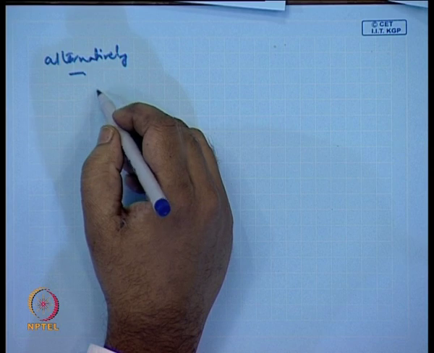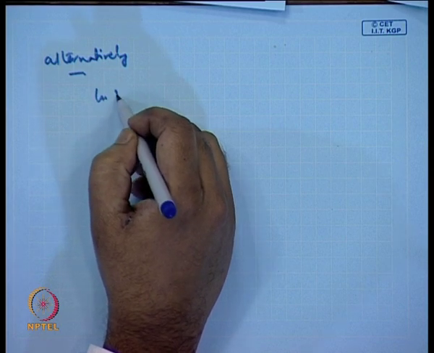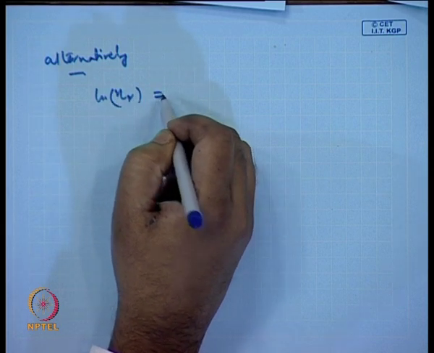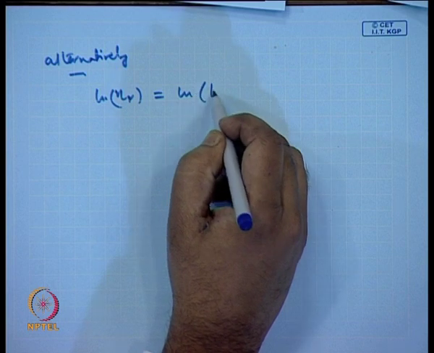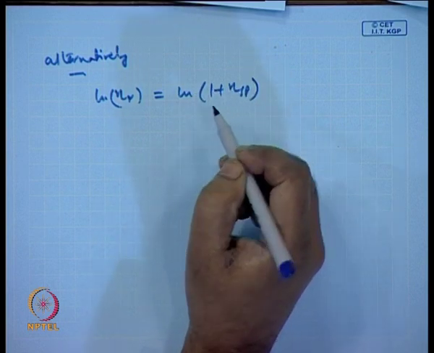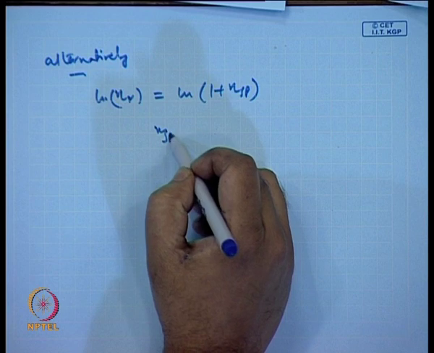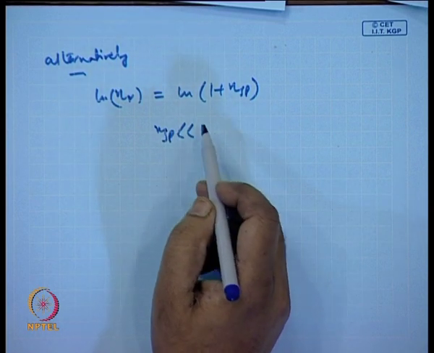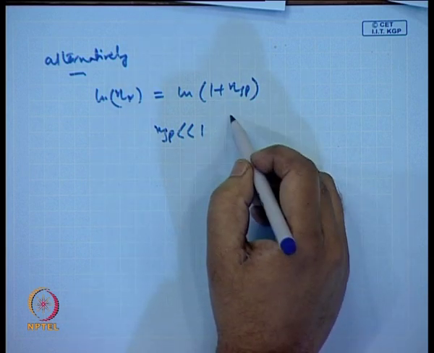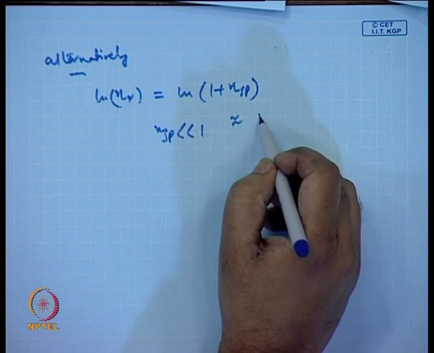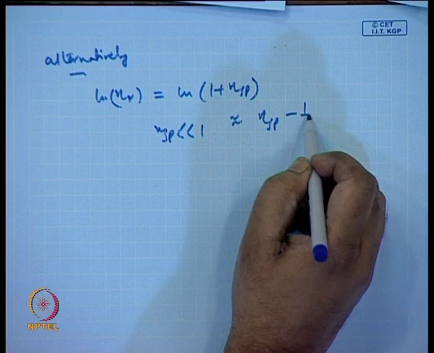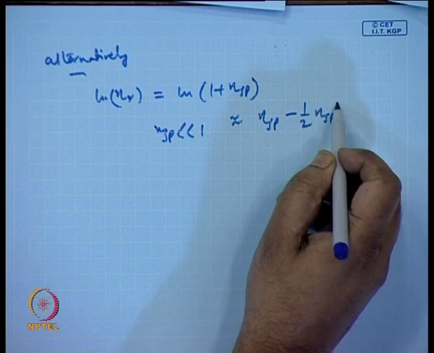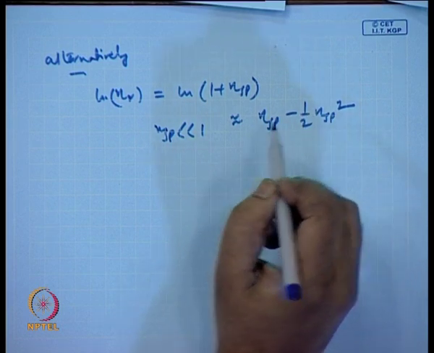Now, alternatively, we can use the inherent viscosity, which can be expressed in specific viscosity, and specific viscosity is much lower than 1. This expression can be written as eta Sp minus half eta Sp square.